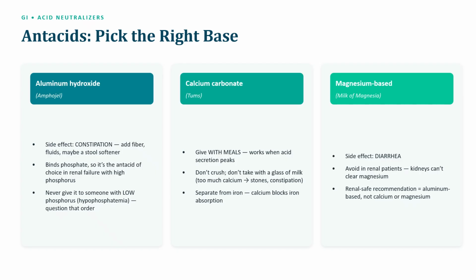Magnesium-based antacids, such as milk of magnesia, cause diarrhea. So avoid them in renal patients because failing kidneys cannot clear magnesium. For a renal patient asking which over-the-counter antacid is safe, the answer is aluminum-based. Calcium and magnesium both accumulate when kidney function declines.